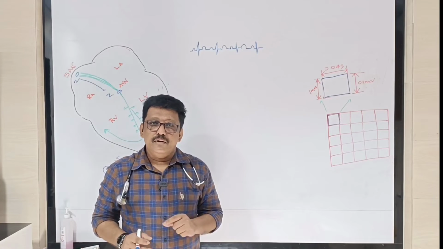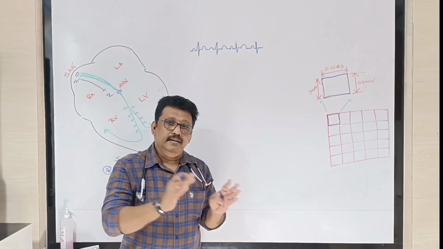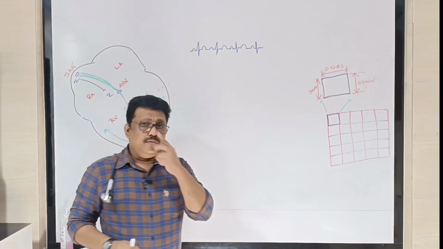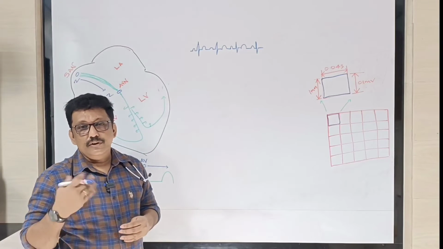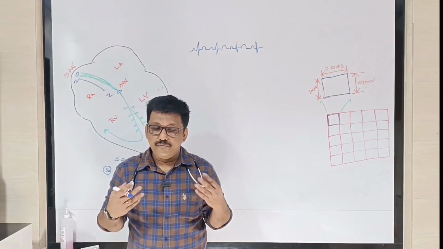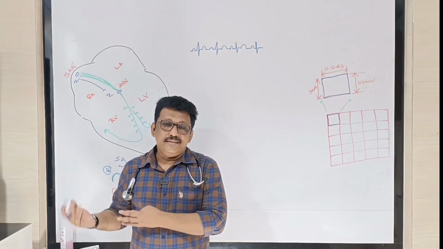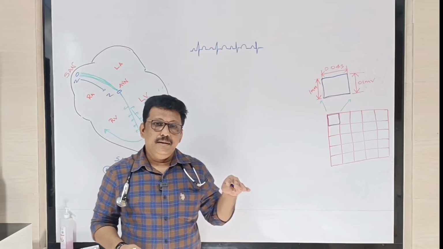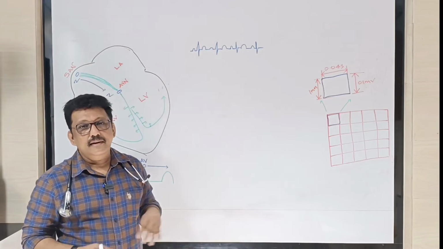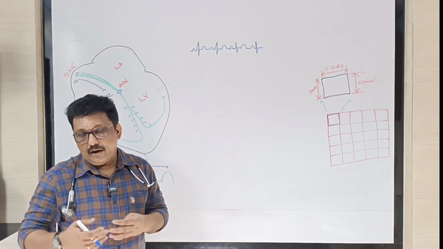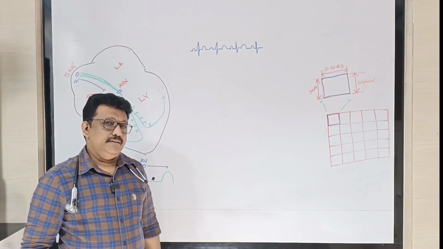From that rhythm strip only we are calculating the rate and rhythm of the ECG. For ACLS purposes we should know what type of rhythm it is and what the rate of that ECG is. So we will be learning how to calculate the rate and how to identify the rhythm in ECG.